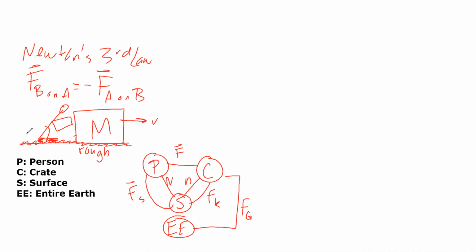And if you're at your desk and you push backwards on your desk, well, if you have a rolling chair, the desk has too much friction, and so the desk will actually be pushing you backwards. So friction force is responsible for propulsion in human walking, obviously, and also in propelling cars. So this person has two forces from the surface, and then it also has gravity. That'd be F sub G as well.